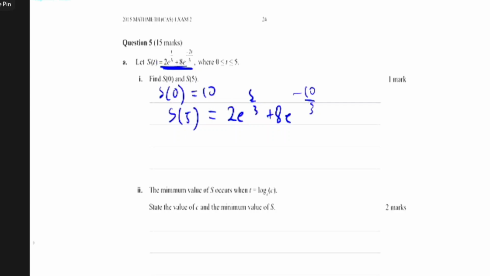So I just found s dash of t. So that's 2e^(t/3) divided by 3 minus 16e^(-2t/3) divided by 3. And you want to make this equal to 0. So you want to make the derivative equal to 0 for the minimum.